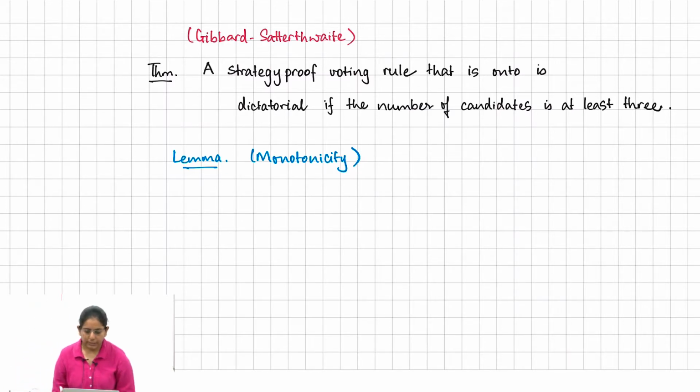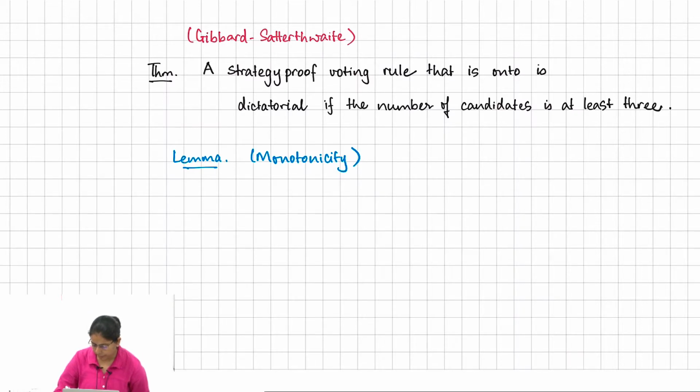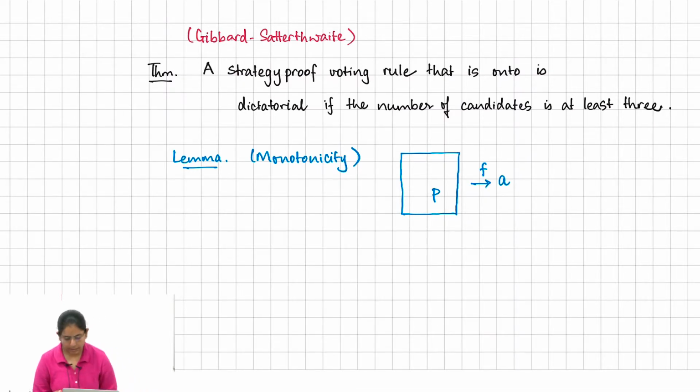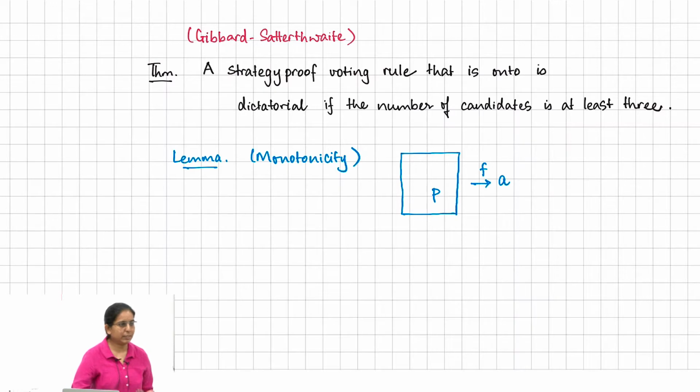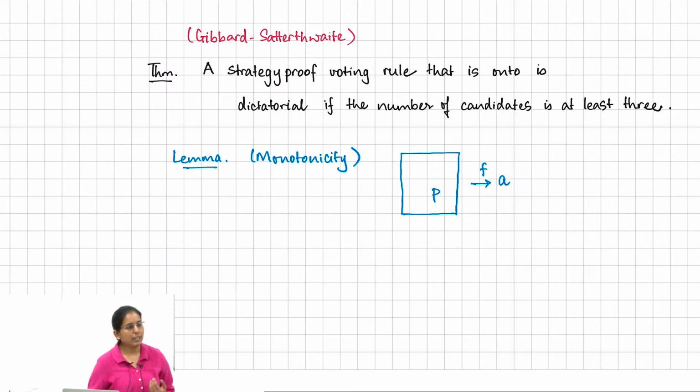So the monotonicity property basically says that if you have a profile where F is giving you the candidate A, and throughout we will assume that we are dealing with a strategy proof and onto mechanism, because that's what we are interested in, right?